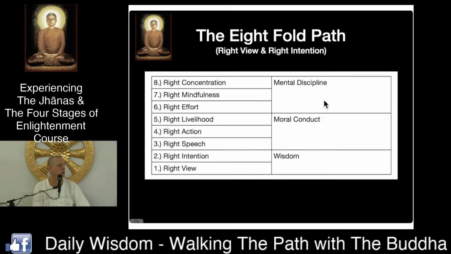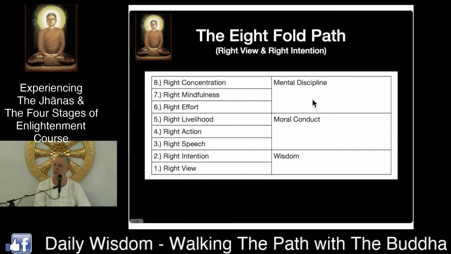And then ultimately talking about the mental discipline, because this is where through the mental discipline, you're going to start experiencing the jhanas and the 4 stages of enlightenment. You would need the moral conduct as well in order to experience them, but you really need to hone in the mental discipline. Without the mental discipline section, you wouldn't be able to experience moving into the jhanas and the 4 stages of enlightenment.